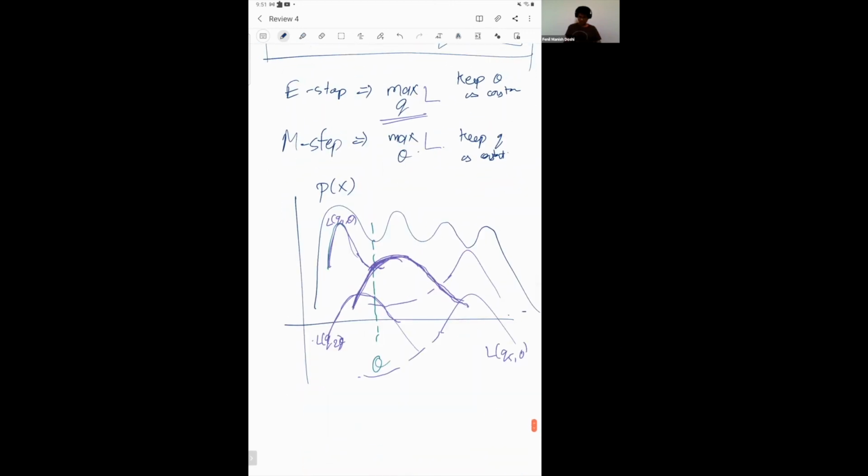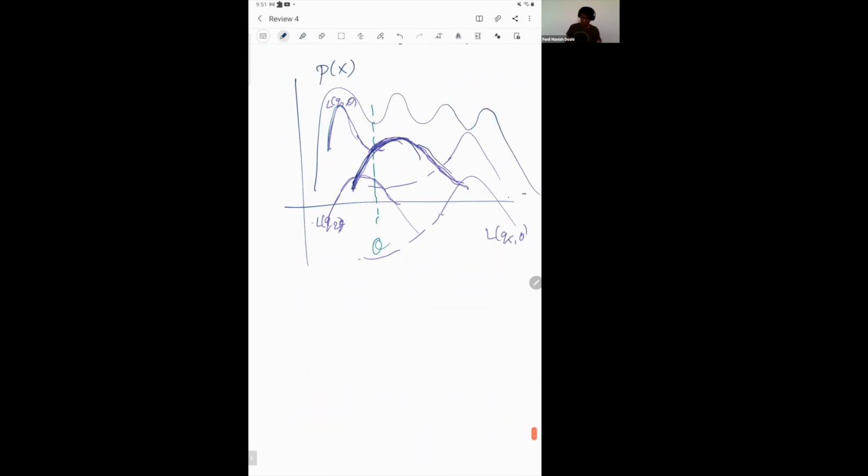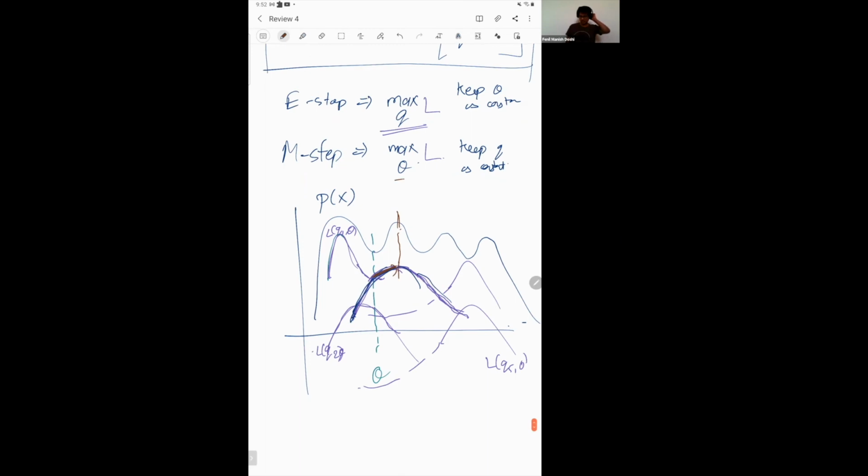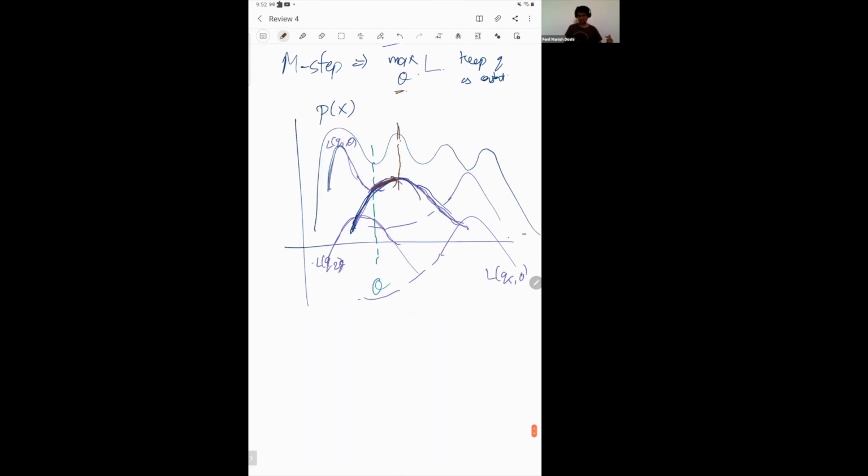And then once we have this Q, we would fixate it and then move our parameter theta by optimizing this. So now this is our evidence lower bound. Now theta becomes a free parameter that we are changing, and we are maximizing over that.